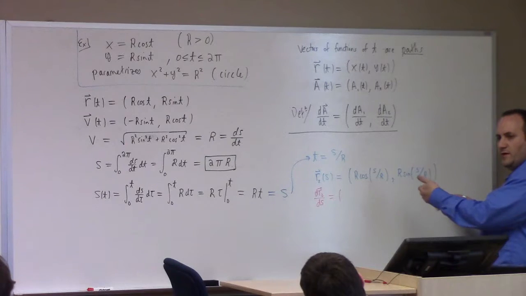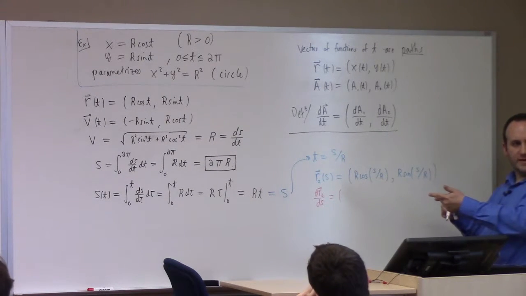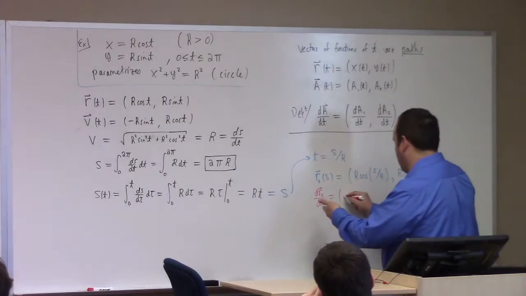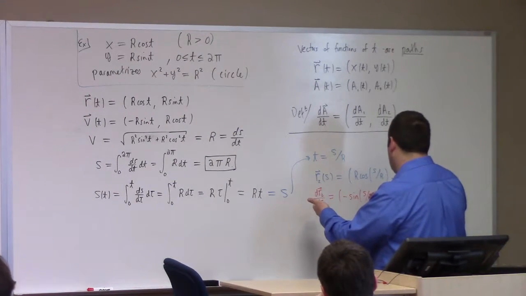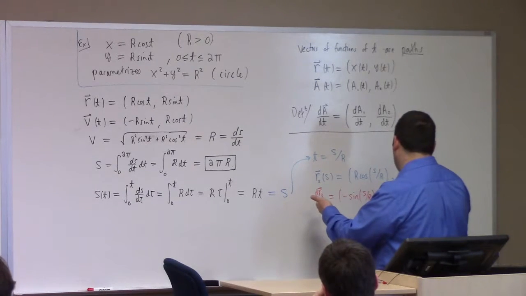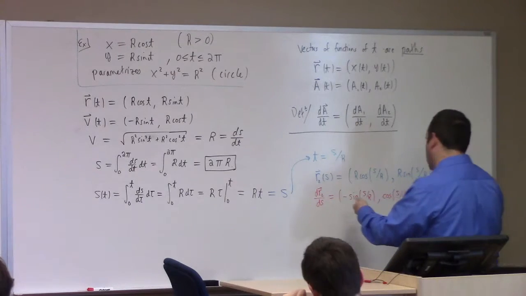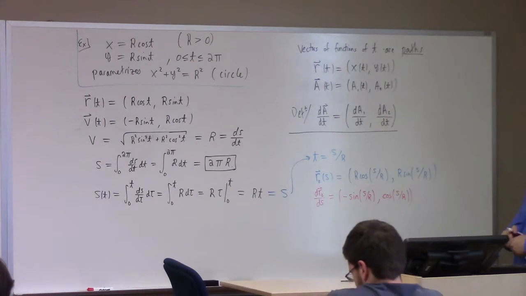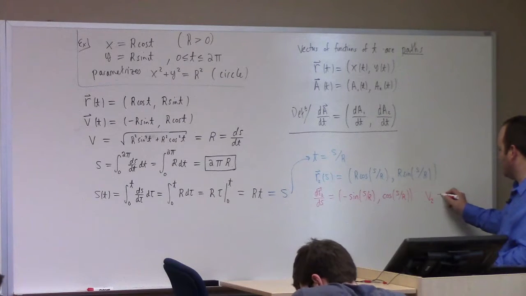We pull out a 1 over R by the chain rule, right? It cancels the R that's there. What are we left with? It's like minus sine, and cosine, right? Differentiating, do you guys see that? So what's the speed of the second one?